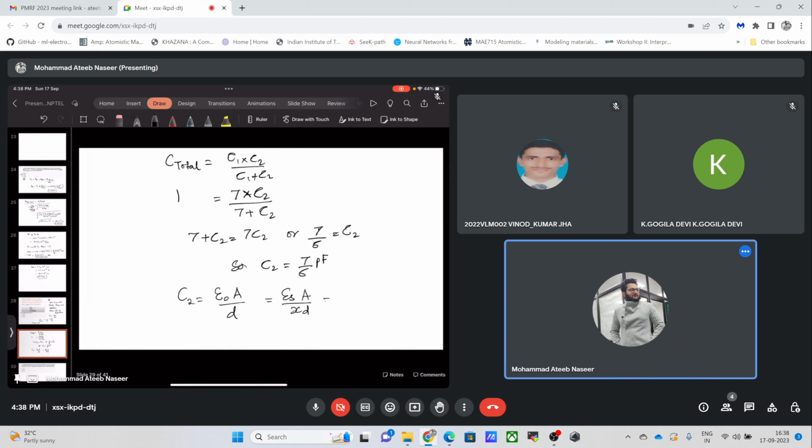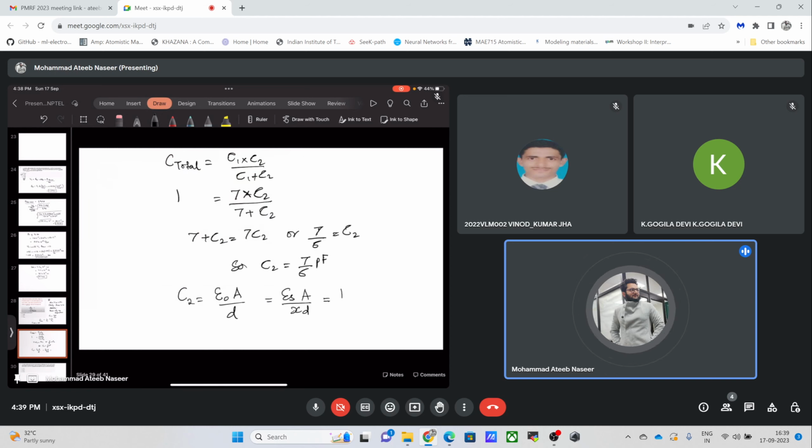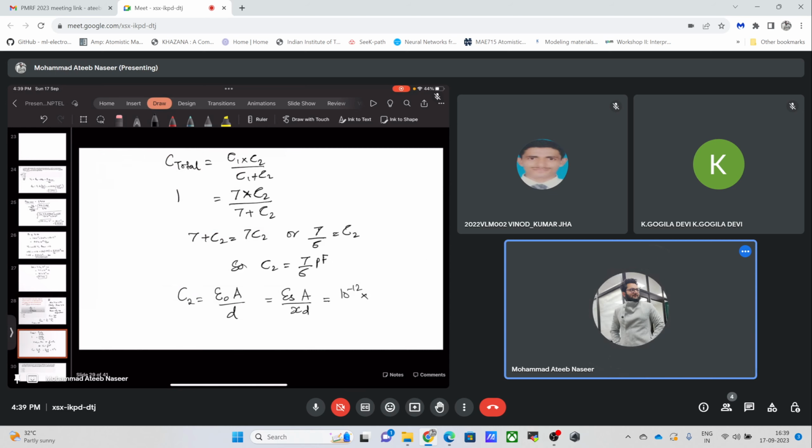So this epsilon s is simply 10 to the power of minus 12, and area is simply equal to 10 to the power of minus 4, and this xd we need to find. So xd is simply 10 to the power of minus 16 divided by C2, or this is 6 into 10 to the power of minus 16 divided by 7.